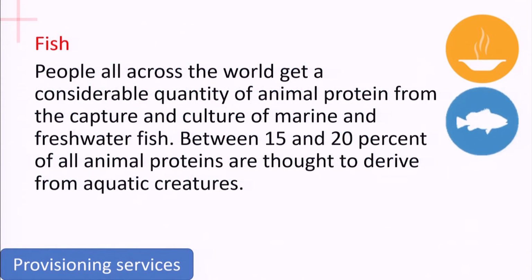Next, coming to fish. People all across the world get a considerable quantity of animal protein from the capture and culture of marine and freshwater fish. Between 20 and 50% of all animal proteins are thought to derive from aquatic creatures.